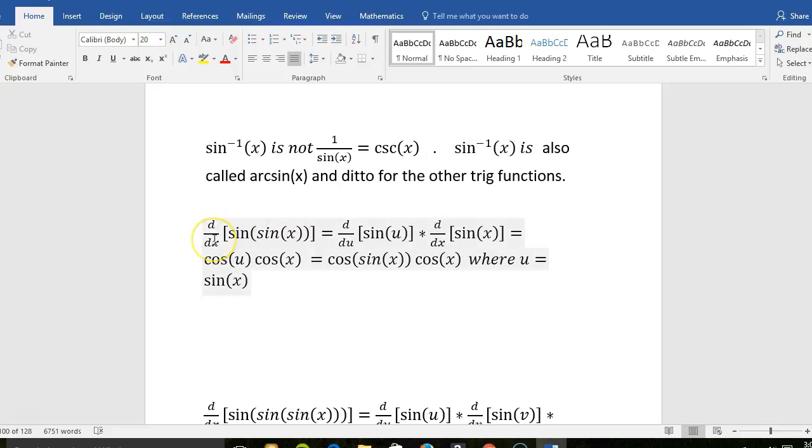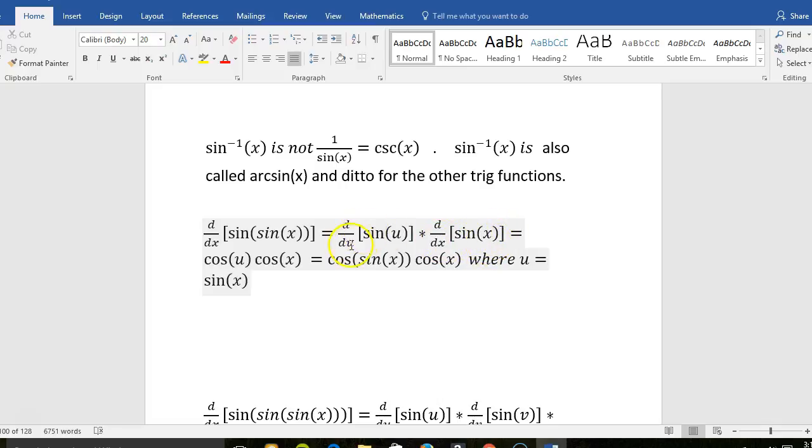But let's move on. Now, d by dx of the sine of sine x. Guys, we're going to do the chain rule. We're going to let u equal the sine of x, this inside guy here. So by the chain rule, we do d by du of the sine of u, where u is that interior sine of x, then times d by dx of the u term, which is sine x.